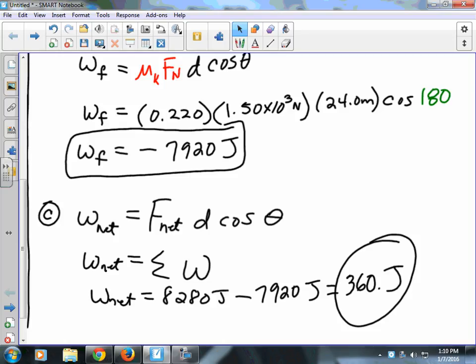we just dealt with work. Now we're going to deal with energy. We're going to be exploring kinetic energy, potential energy. There are 2 types, gravitational and elastic, GPE.